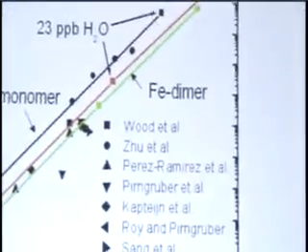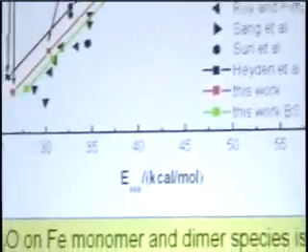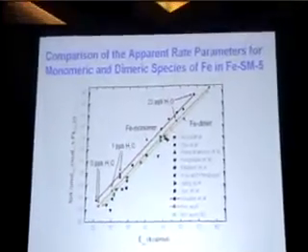So here's an interesting story. You take all of the data that are in the literature for N2O decomposition. You cross-plot the pre-exponential factor and the activation energy, and you find that there's a considerable amount of disagreement. You look at the black points here. This is all of the available data.